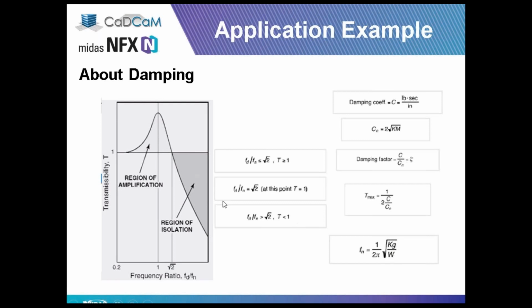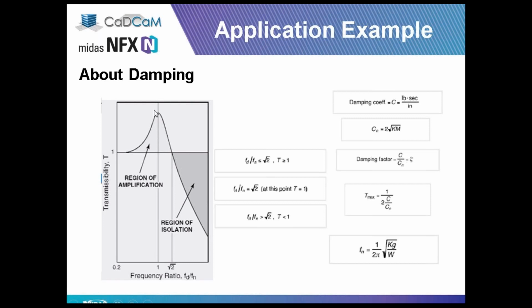We should strive to be in this area because this area is the region of isolation, and 2 numbers should be taken into account. One of them is f desired over fn, the natural frequency of the system, which should be square root of 2, and this is the border between amplification and isolation.